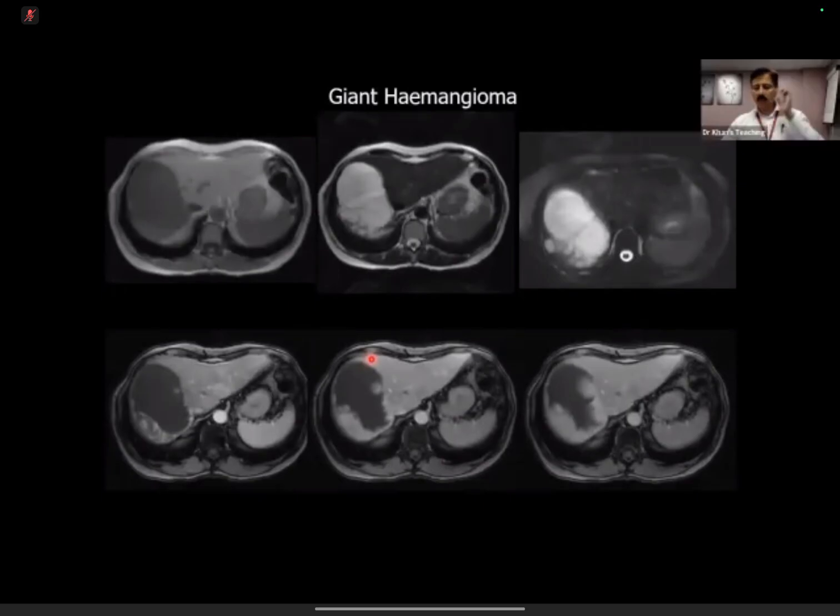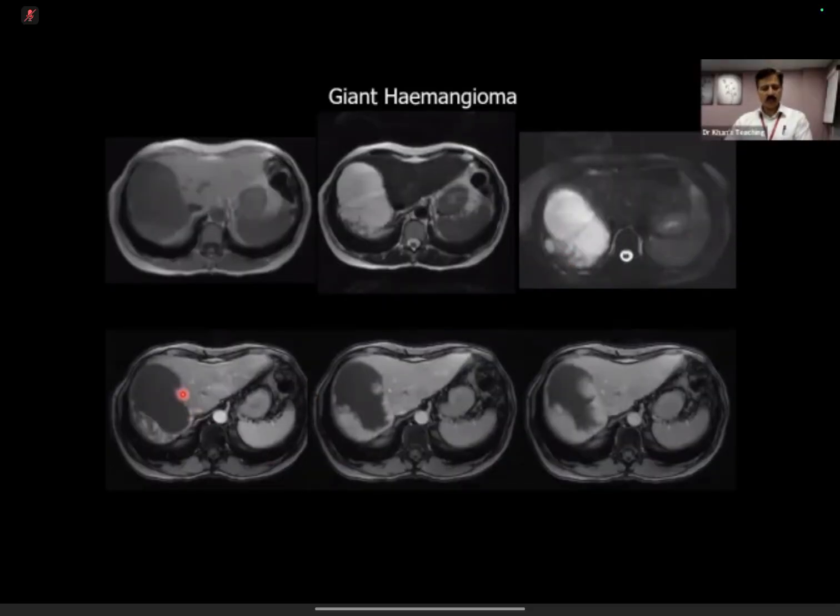Now, why I'm showing you a giant hemangioma is that it has come up in the exam quite a few times, and many people confuse it for the simple reason that they have not seen it in their usual practice. This is another giant hemangioma where on a T2 weighted sequence versus a highly T2 weighted sequence, it is brighter here.